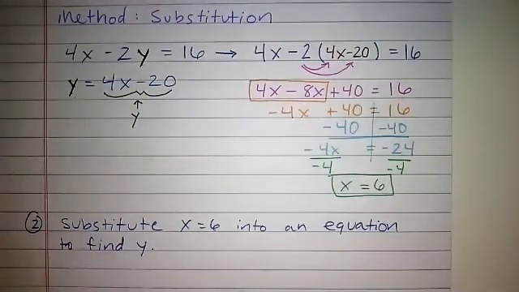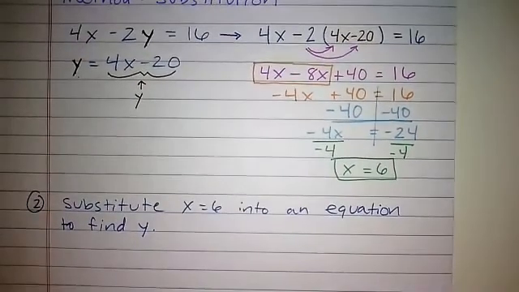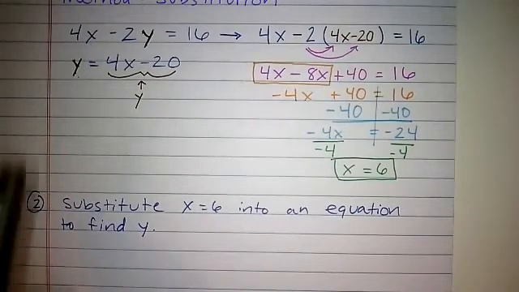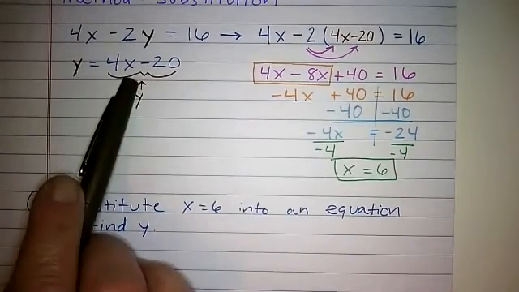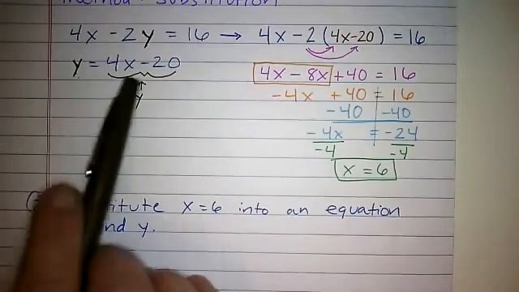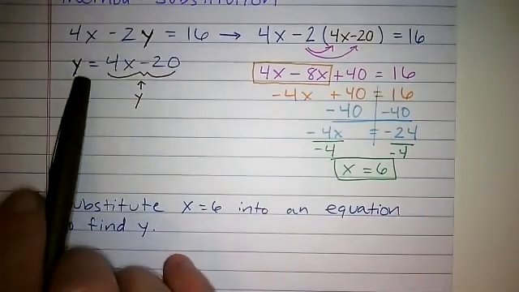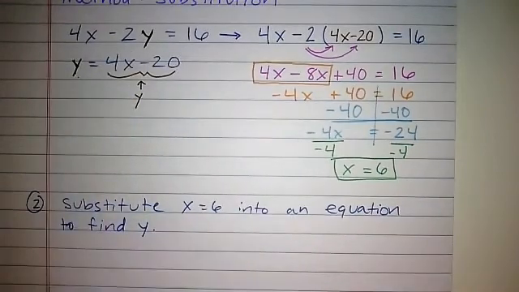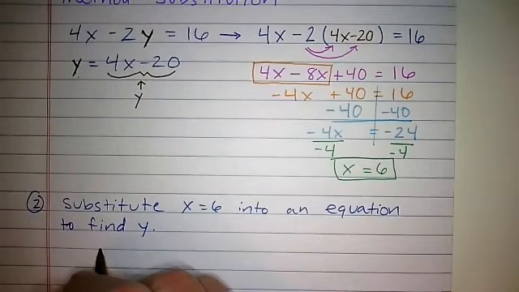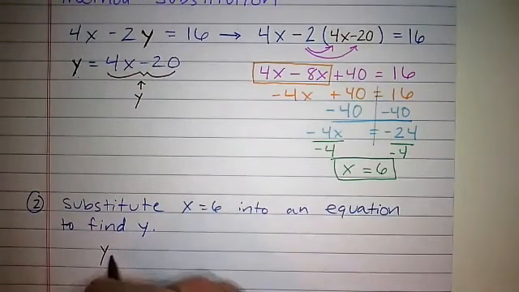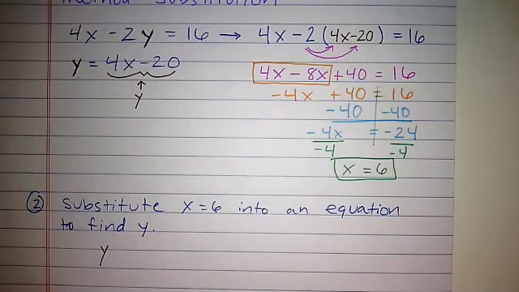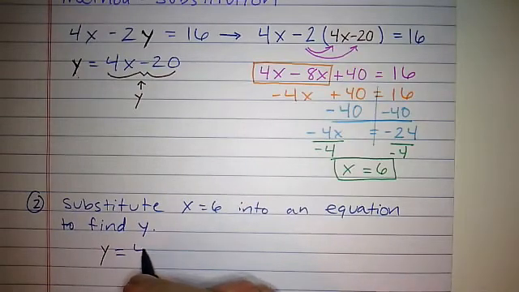All right. And honestly, the equation that I would choose is the one that already tells me what y is equal to. So I'm going to choose the bottom equation from our system. In order to find y, just like before, we're going to replace x with the answer that we found in our first step here.